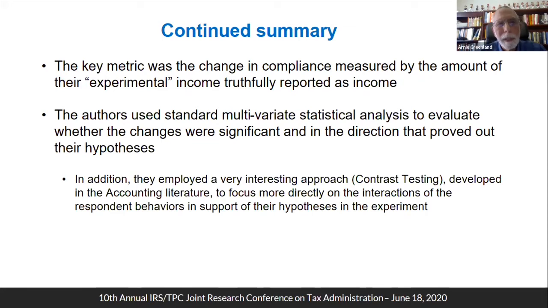But in addition, I found the use of contrast testing, something that came in from the accounting literature, that allowed you to focus on the interactions of the respondent behaviors as, first of all, conforming to or supporting your hypotheses, but also, fascinating, an area that I did not know about, and it seems like a really great tool for such research. Next slide.